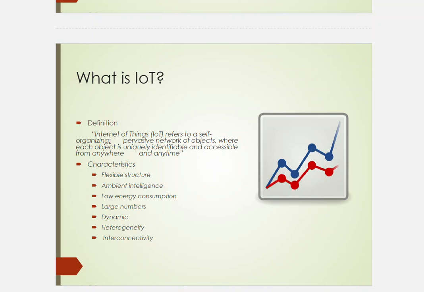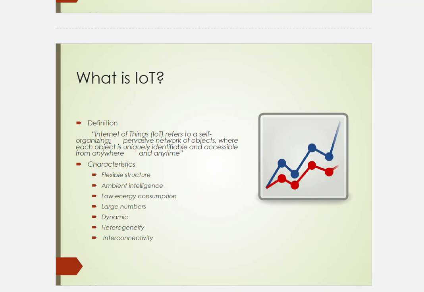Some characteristics of IoT networks: they're flexible. There may be some intelligence there that's helping things to take place. IoT devices do not use a great deal of energy. So we look at them as low energy consumption devices or consumers.